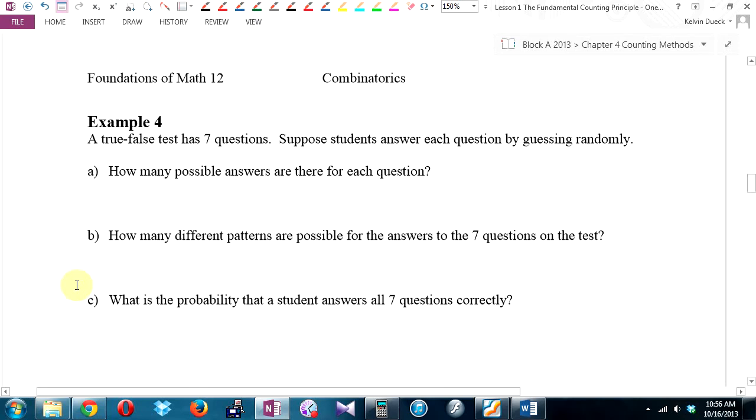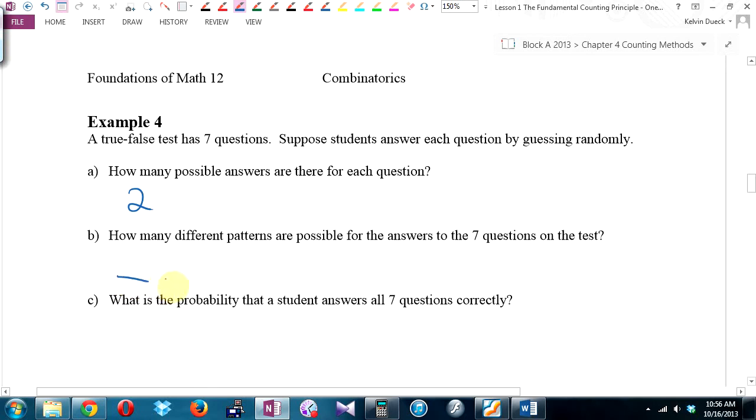Stuff you've always wondered. A true-false test has 7 questions. Suppose students answer each question by flipping a coin, by guessing randomly. How many possible answers are there for each question on a true-false test? How many questions are there grand total on this test? 7.